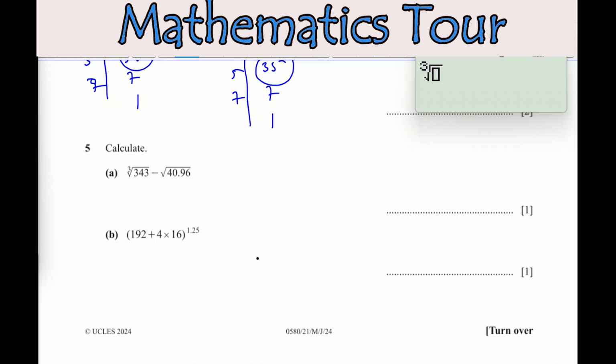Okay, then we have 3, 4, 3, then minus, then we need to jump out of that cube root. So we need square root now. So this will be 40.96.